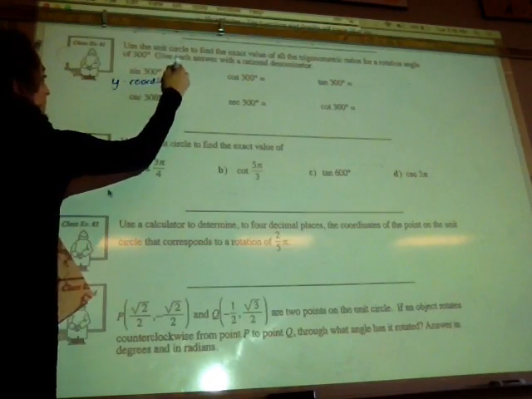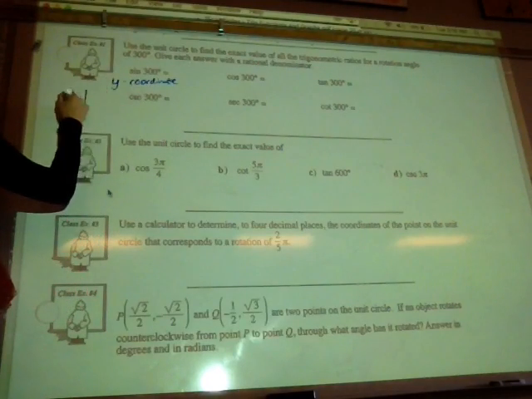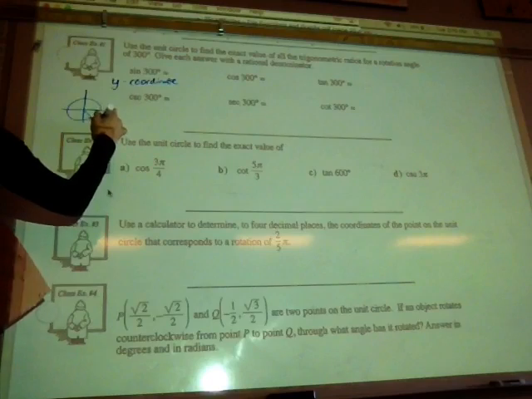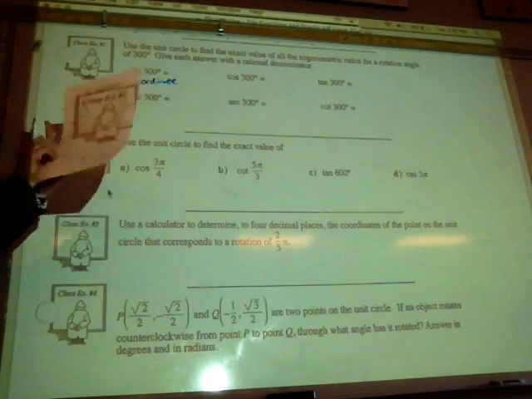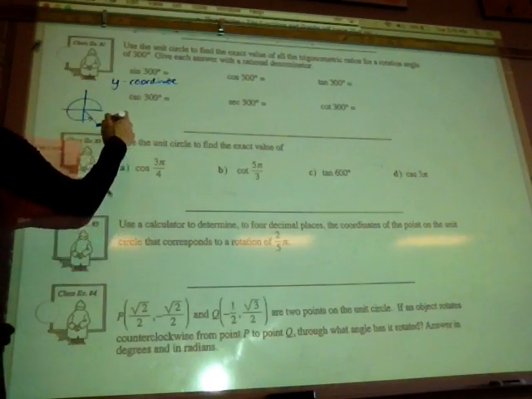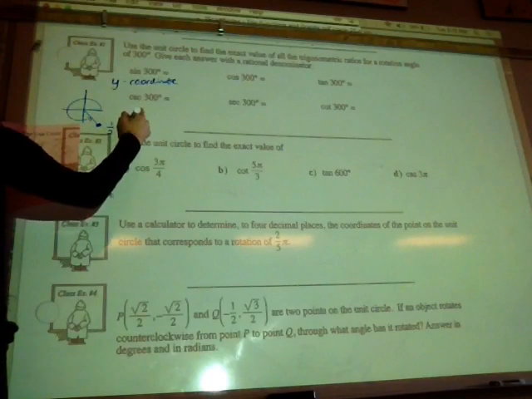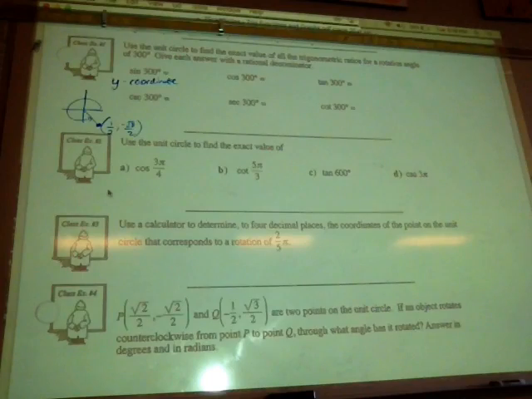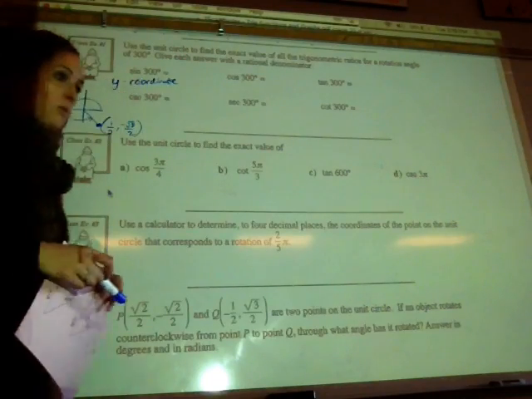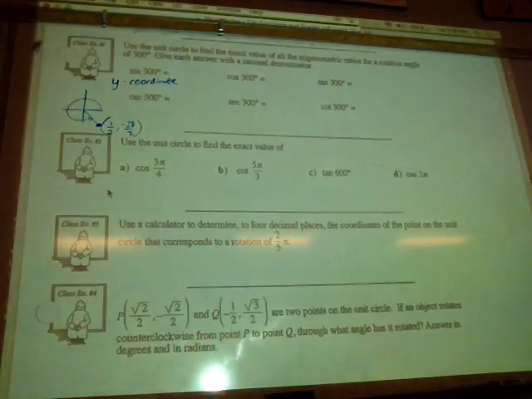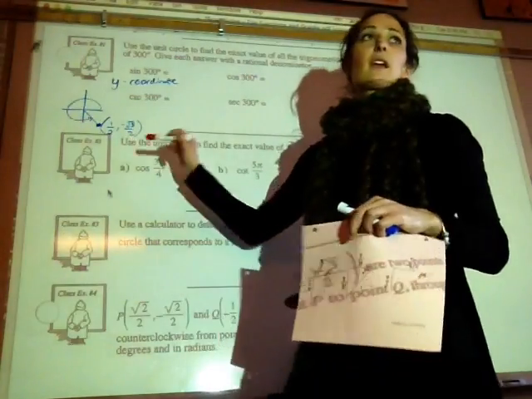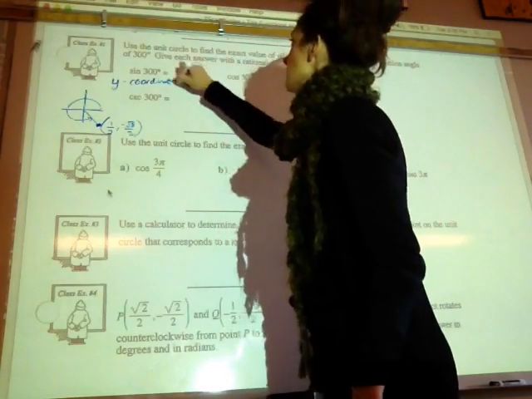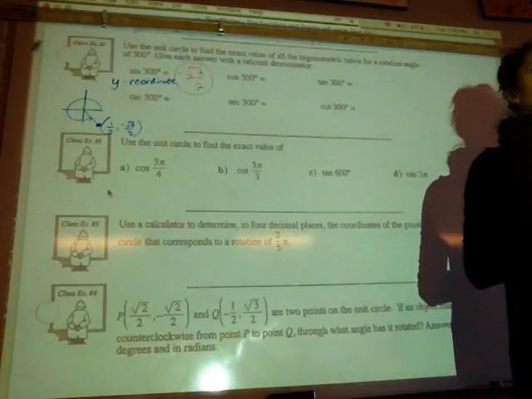So if we were to go on our unit circle all the way to 300, okay, we would have, look at your unit circle, 1 over 2 and negative root 3 over 2. Okay, that's our ordered pair. Sine is talking about the y coordinate. The y coordinate here we have is negative root 3 over 2. Okay, so that's our answer. Negative root 3 over 2. Just by looking at the unit circle, we have our answer.